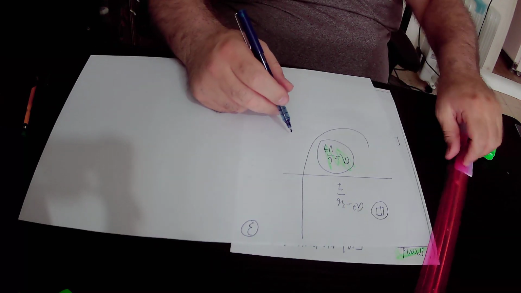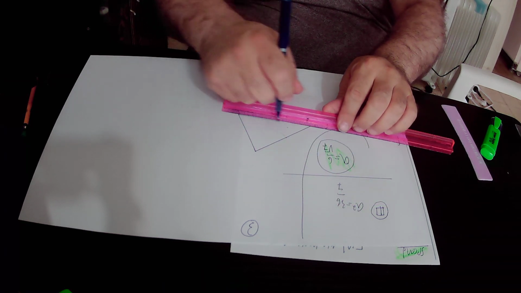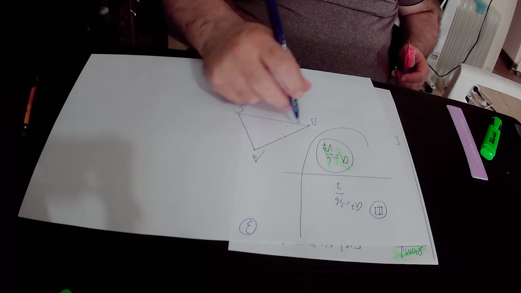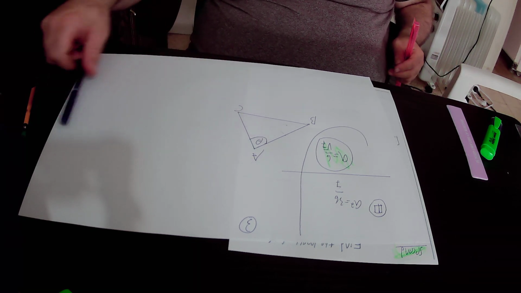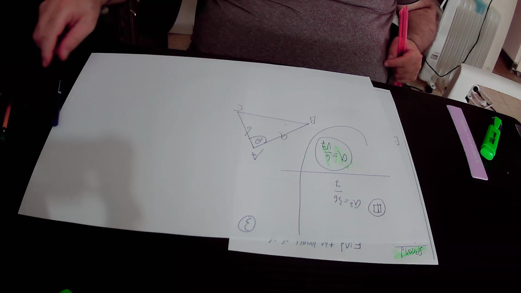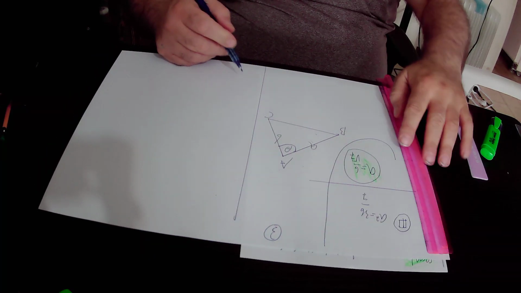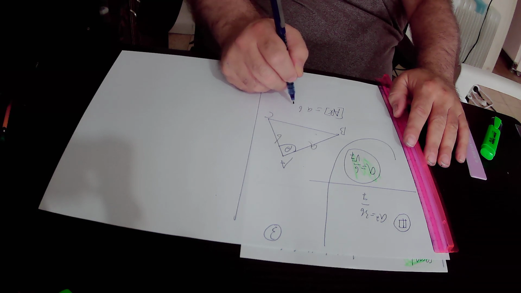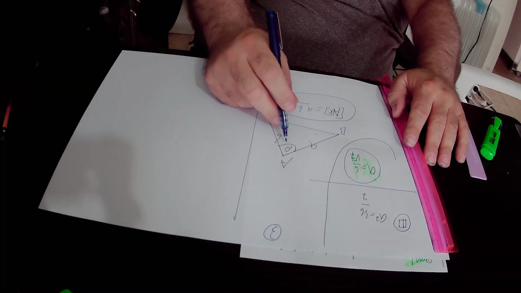So if we have triangle ABC that could be any triangle, and the angle between side AB and side AC is theta, and the length of side AB equals a and the length of side AC equals b, then according to the new rule, the area of this triangle ABC will be equal to a times b times sine theta over 2. Again, the area of this triangle will be equal to a times b times sine theta over 2.